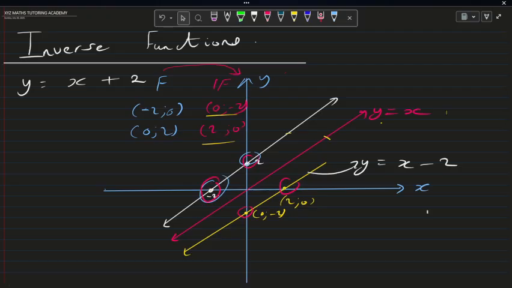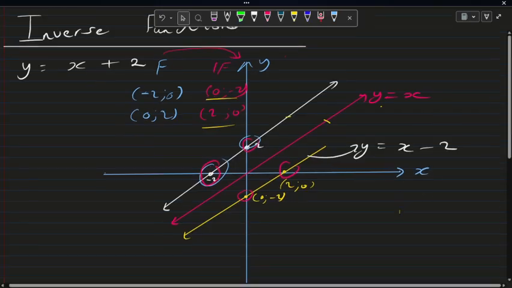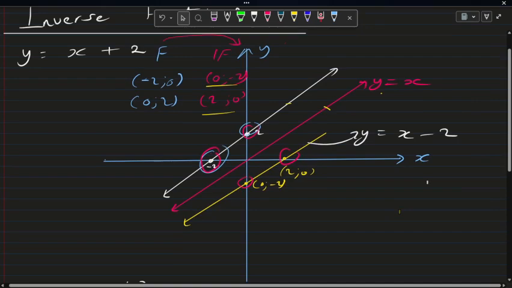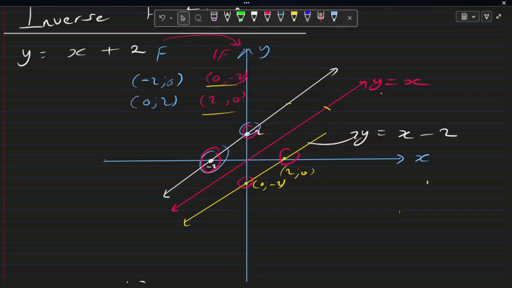If we take these ideas and associate them with inverse functions, the question becomes: now we have a function, how do we know if the inverse will be a function or not? Hopefully that question makes sense.